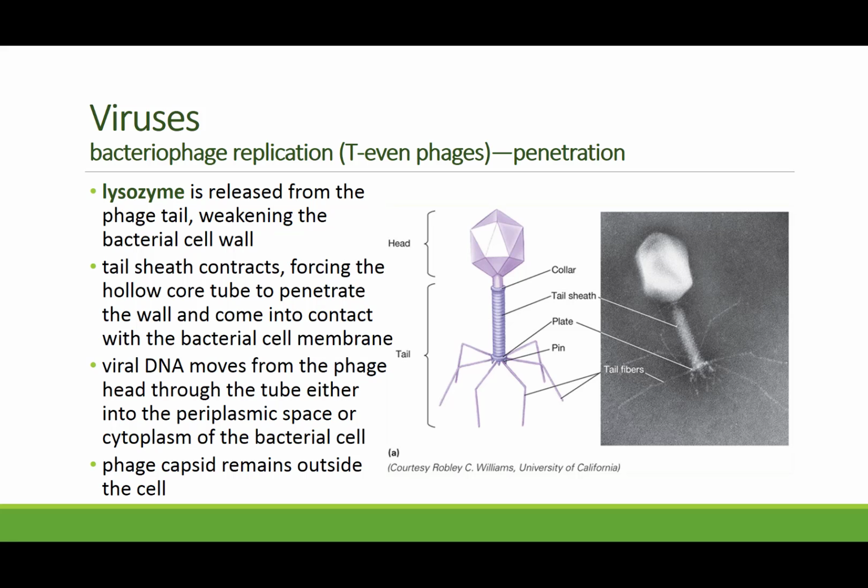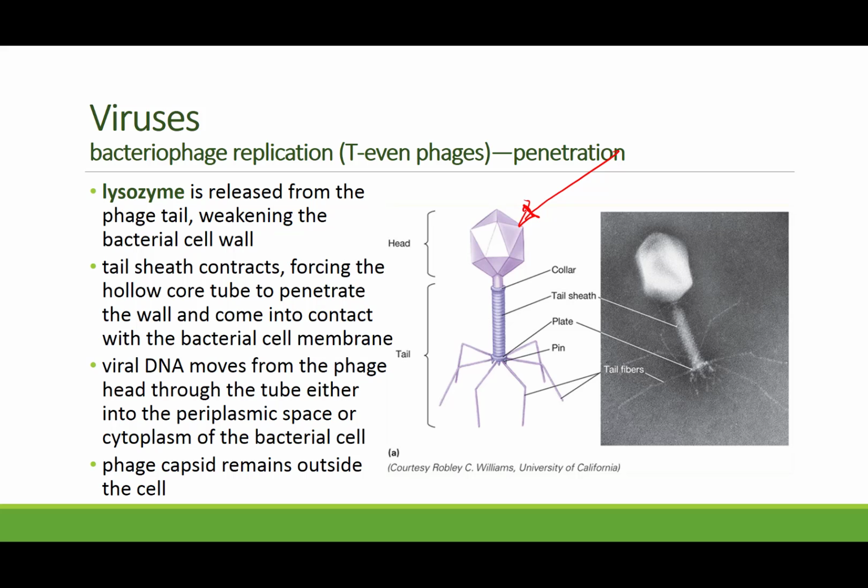And then the virus can push its DNA through from the phage head, this portion up here where the DNA is contained. It pushes through the tube of the tail and into either the periplasmic space that is between the cell wall and the cell membrane, or all the way into the bacterial cell.